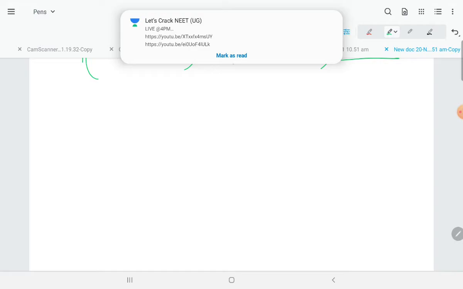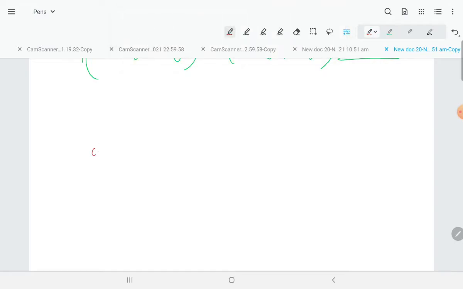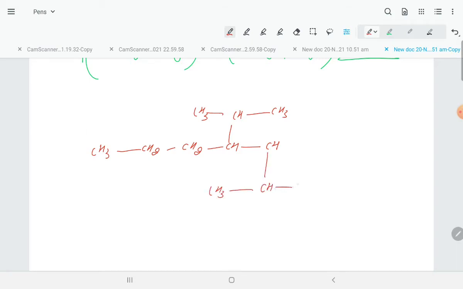Okay, you can see here this compound you can write like that: CH3 CH2 CH, with this CH is there, here is CH3, this is CH3. Now you go for the next one, CH, here we are having CH3, this is CH2 and CH3 is there.